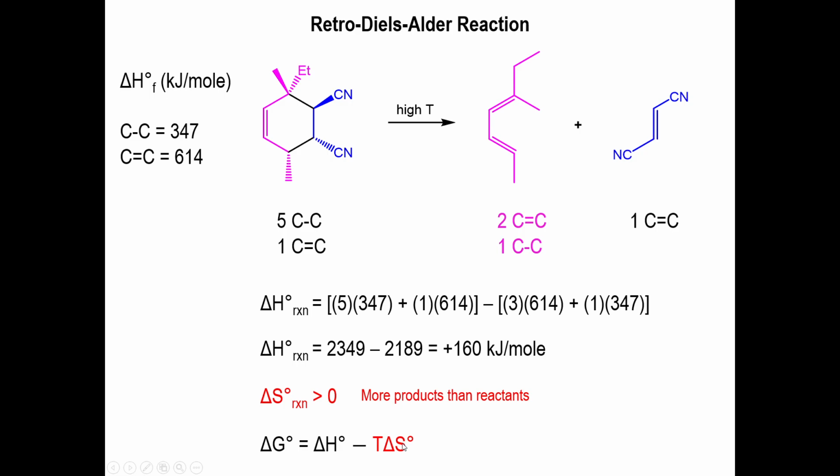And if the entropy is positive, then this negative T delta S will make delta G more negative. So having really high temperatures for these reactions will ensure that you actually undergo the retro Diels-Alder reaction. So this is totally an entropy-driven event. It's not thermodynamically the preferred route, but entropy is making it happen so long as the temperature is high enough for that.